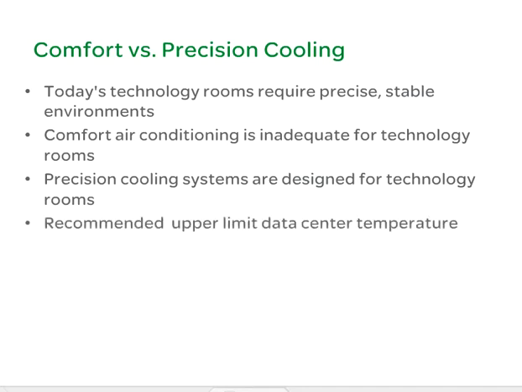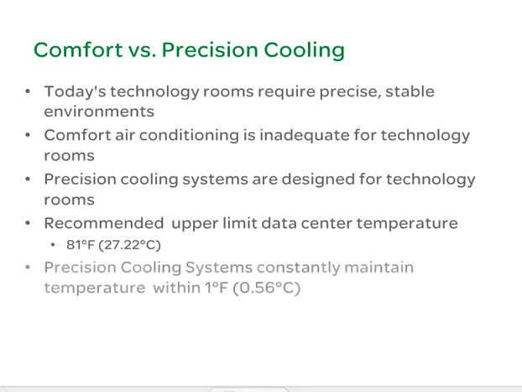According to ASHRAE, the recommended upper limit temperature for data center environments is 81 degrees Fahrenheit or 27.22 degrees Celsius. Precision air conditioning is designed to constantly maintain temperature within 1 degree Fahrenheit or 0.56 degrees Celsius. In contrast, comfort systems are unable to provide such precise temperature and humidity controls.